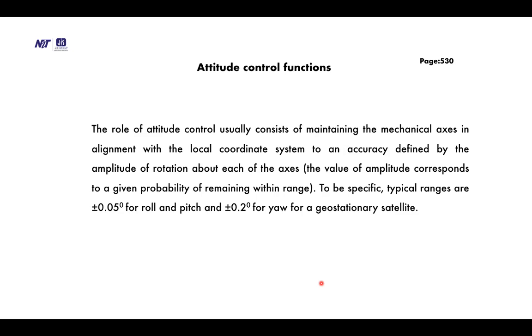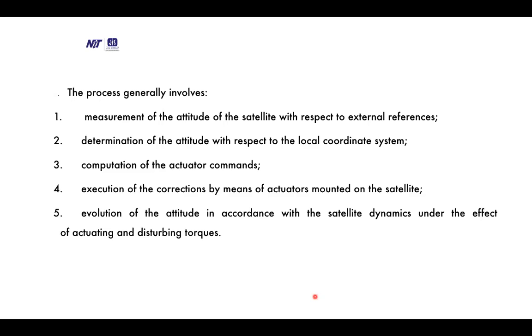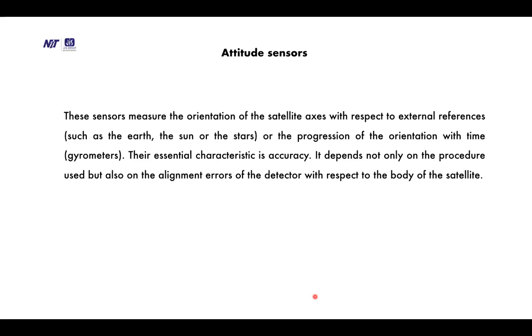Maintaining attitude requires two functions. The process generally involves measurement of the attitude of the satellite with respect to external references, determination of the attitude with respect to the local coordinate system, computation of the actuator commands, execution of the correction by means of actuators mounted on the satellite, and evaluation of the attitude in accordance with the satellite dynamics under the effect of actuating and disturbing torques.